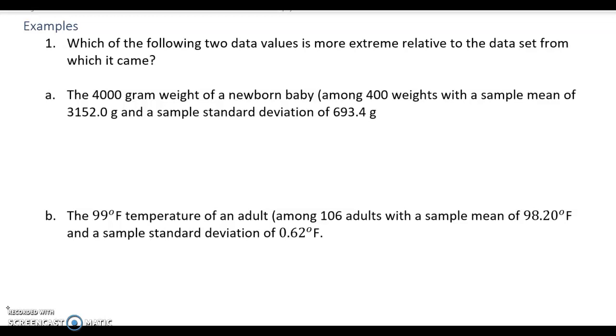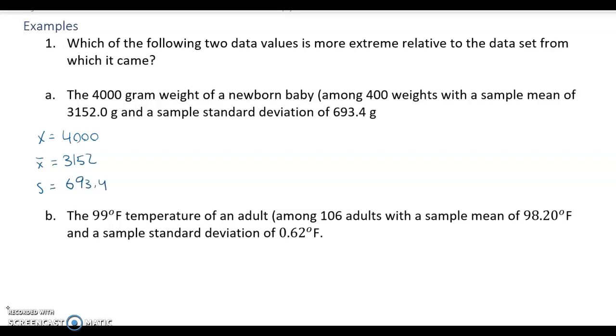So we can say that x is 4,000. We know that the sample mean, x bar, is 3,152. And we know the standard deviation, s, is 693.4.